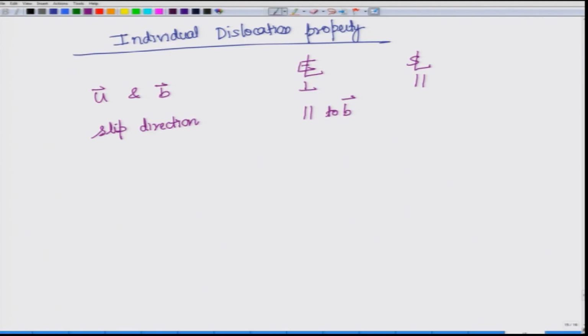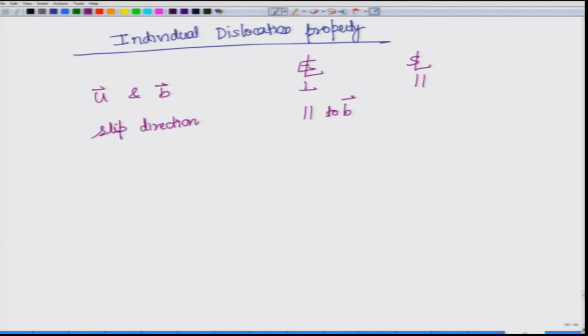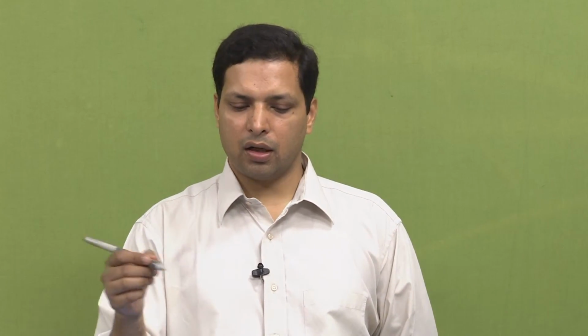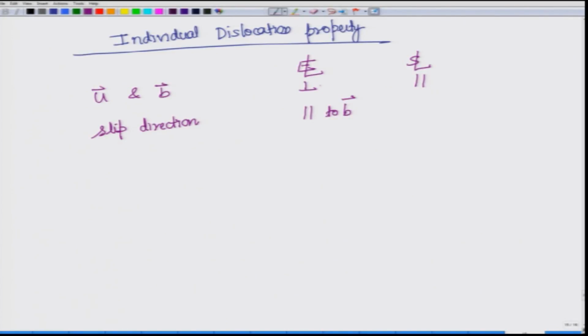For the screw dislocation, the relation between Burgers vector and the line direction changes, but the Burgers vector remains the same. In screw, B and U are parallel; in edge dislocation they are perpendicular. So, the slip direction is parallel to B and in the screw dislocation it should be, the first hunch that you may get is that it will be perpendicular, but then you realize that no, the Burgers vector is constant, therefore this will still be parallel to B.